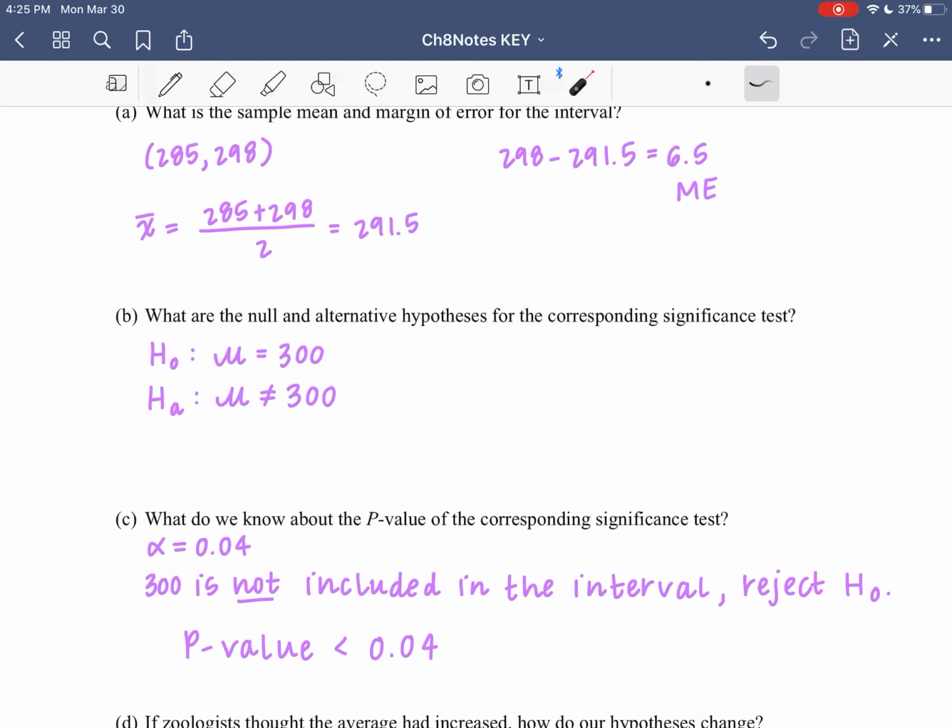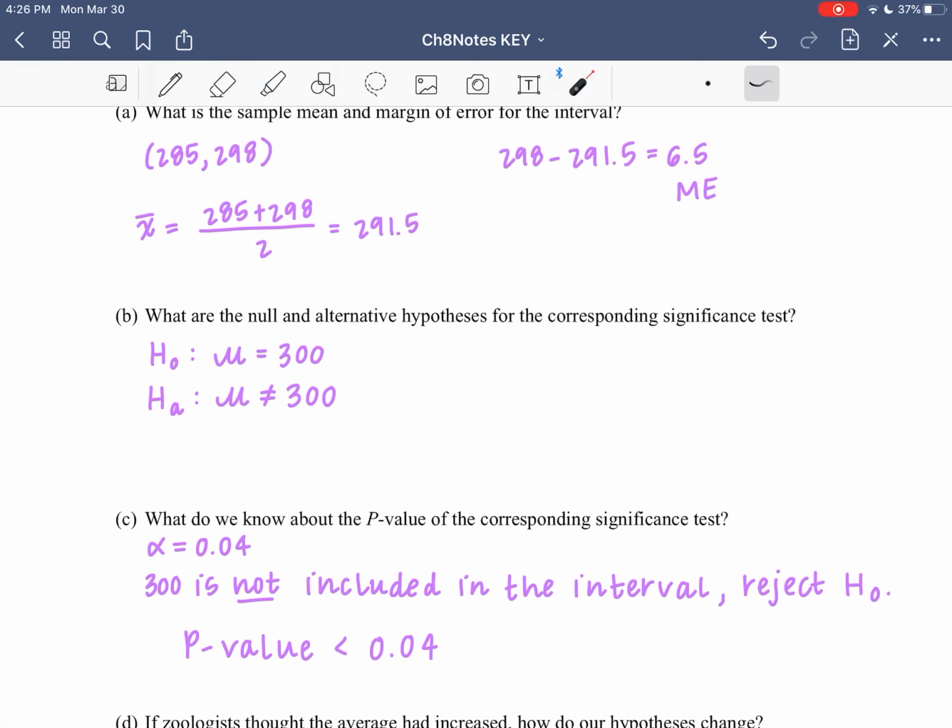So I do want you to think about all of these different pieces here. I know oftentimes students just try to read this question and skip right to here, but I think it's really important to think about, first, what is my alpha level? Let's compare my null value to my confidence interval. Let me make a decision about the null hypothesis.